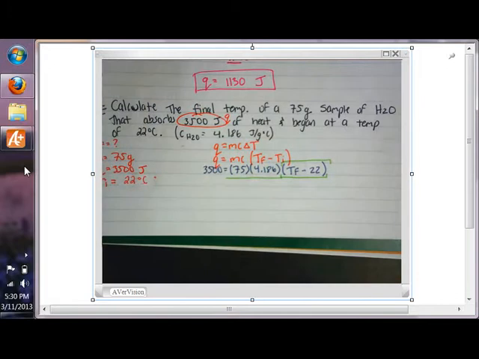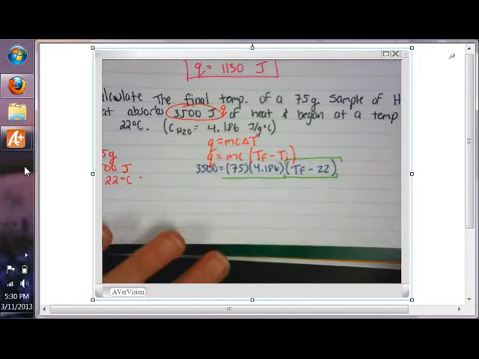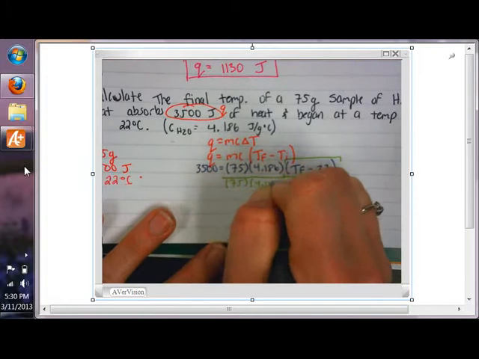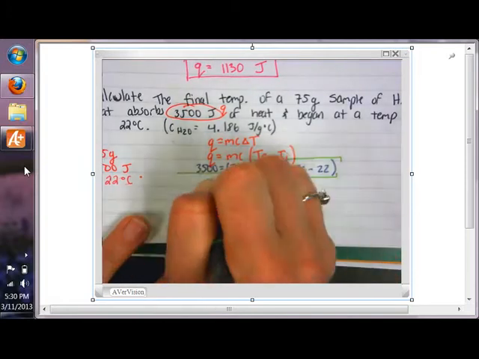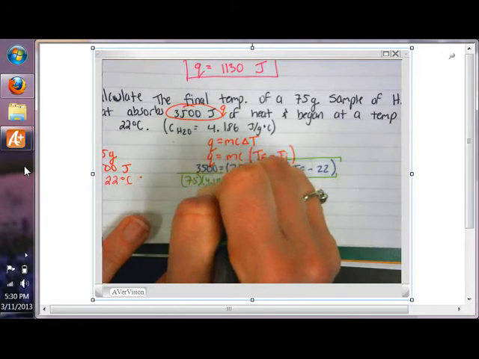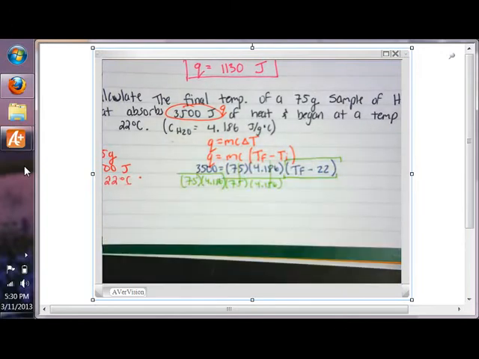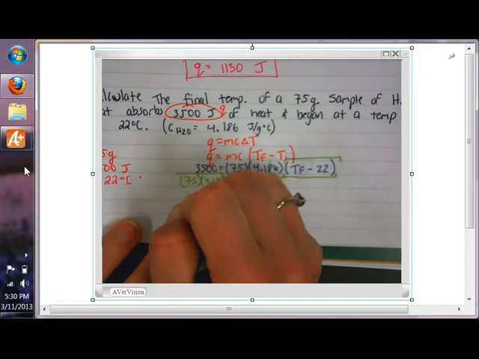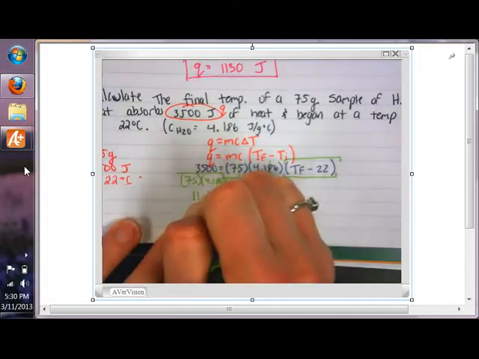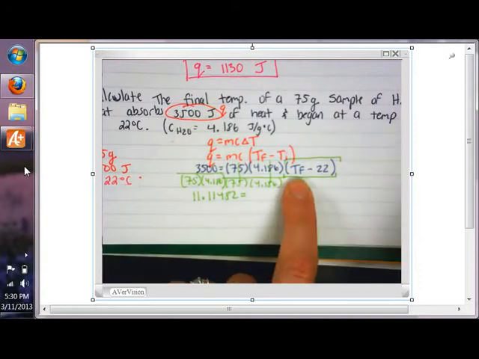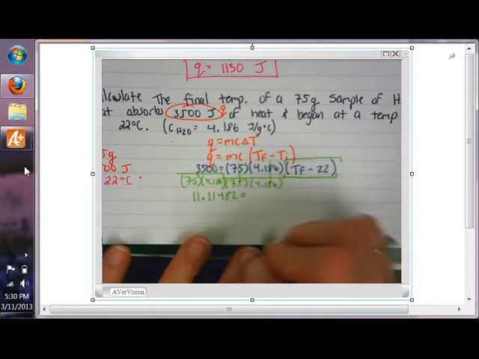So how I'm going to do that is I'm going to divide each side by 75 and 4.186. When I do so, my calculator spits out 11.11482 equals, and I'm left over with TF minus 22.